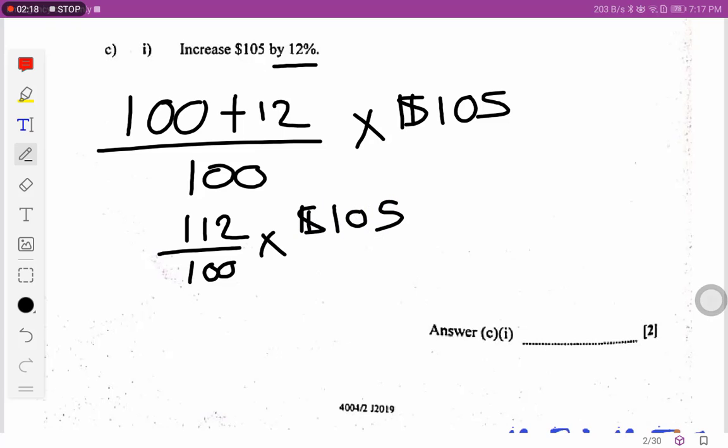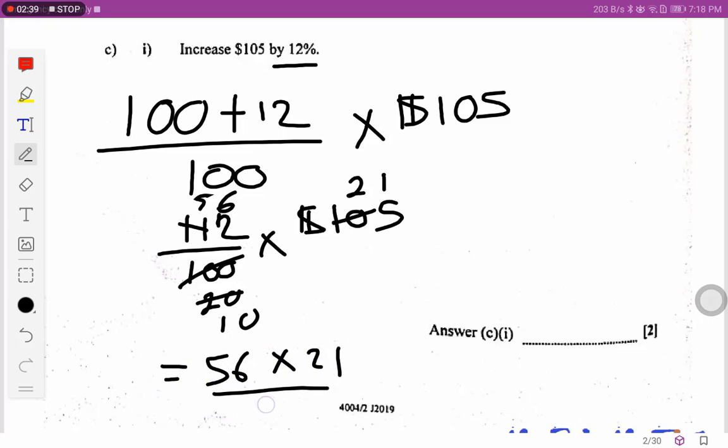If you divide these numbers, 5 can go into this one 20 times, 5 can go into this one 21 times, and we can still divide by 10 here, so we now have 56 times 21 over 10. If you multiply and divide, you get your increase by 12% as $117.60. You find out for money we have 2 decimal places.